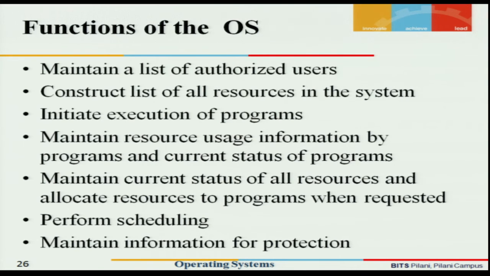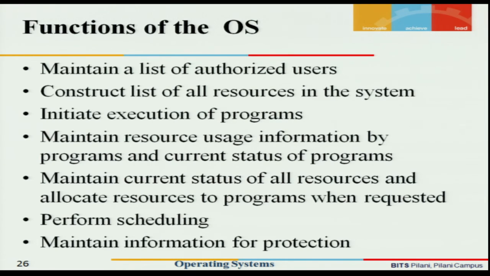From the user's perspective, if we try to see what the activities and functions carried out by the operating system are, we find that the operating system must maintain a list of authorized users who would use the computing system. It should have a list of all resources in the system.